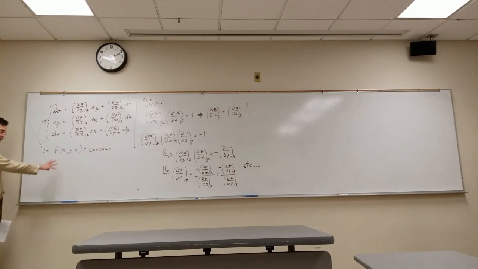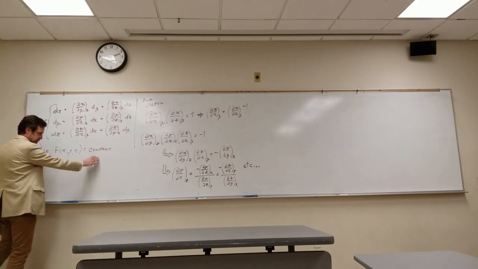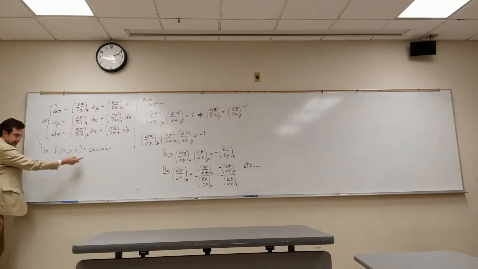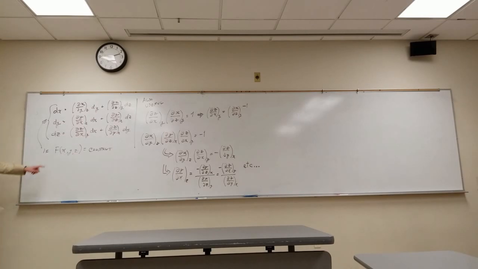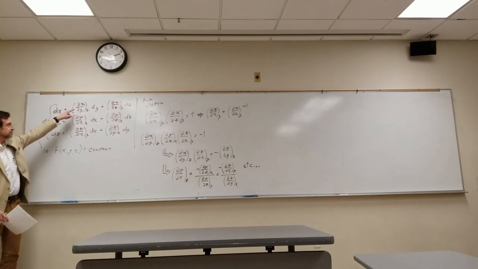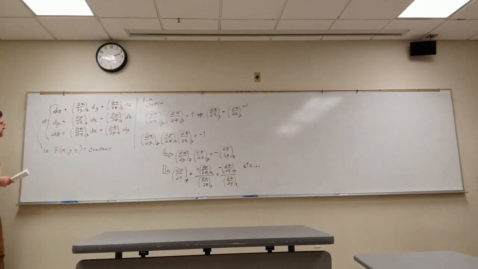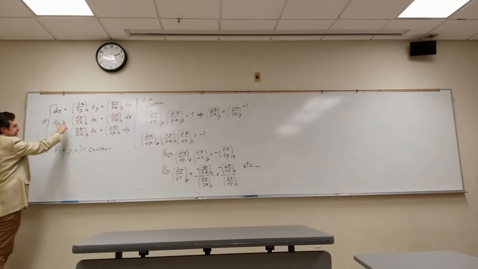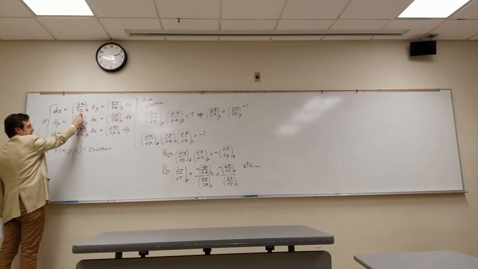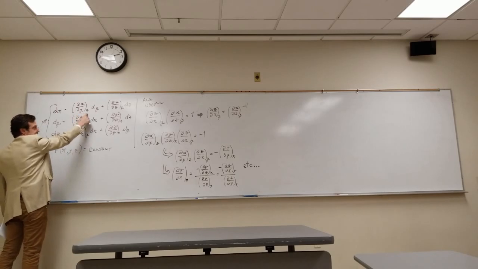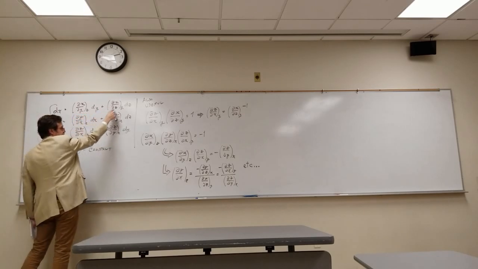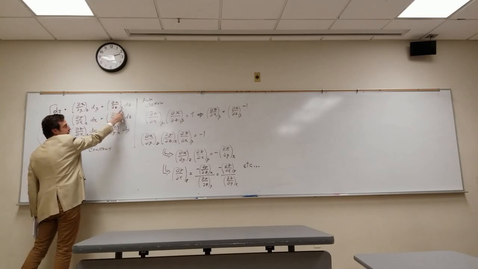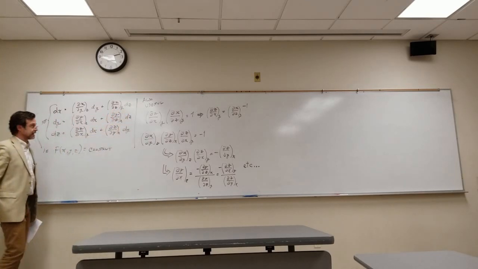If you have a function that is equal to a constant on the right side, and you have a set of variables, you can then express that constant and the infinitesimal changes of each of those variables in terms of partial derivatives. So for example, the change in x is going to be the partial of x with respect to y holding z constant dy plus the partial of x with respect to z holding y constant dz.